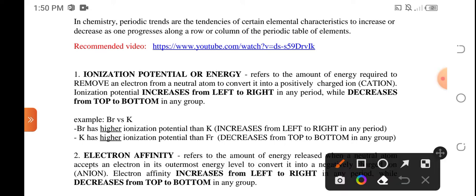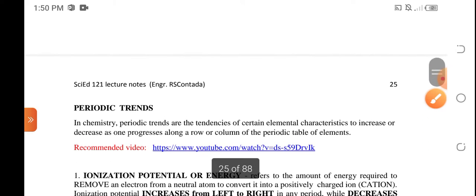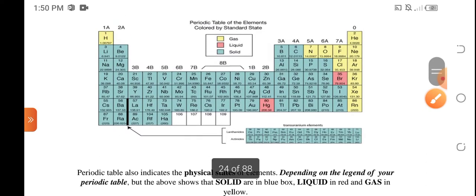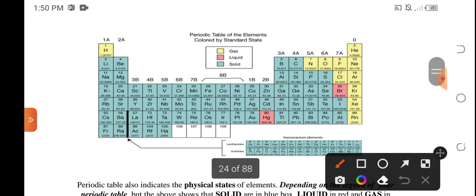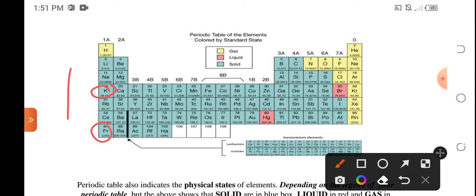And the next example, potassium daw has higher ionization than francium because the trend is it decreases from top to bottom in any group. Ang position ng potassium and francium, so this is potassium and that's francium. They are on the same group. The trend is decreasing. Okay?